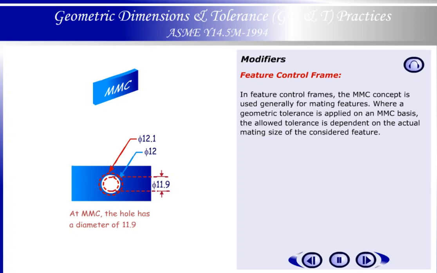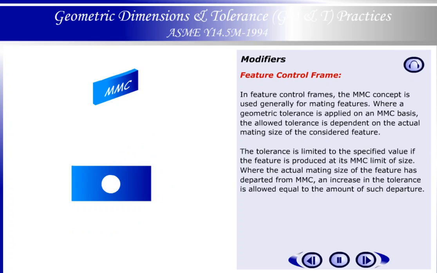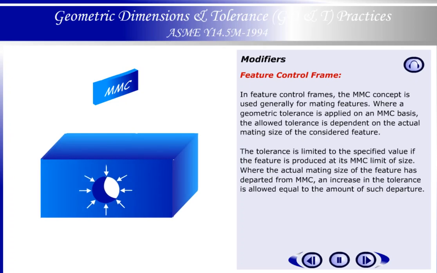The tolerance is limited to the specified value if the feature is produced at its MMC limit of size. Where the actual mating size of the feature has departed from MMC, an increase in the tolerance is allowed equal to the amount of such departure.